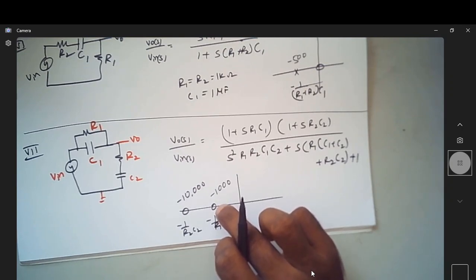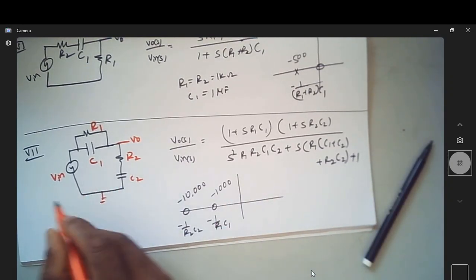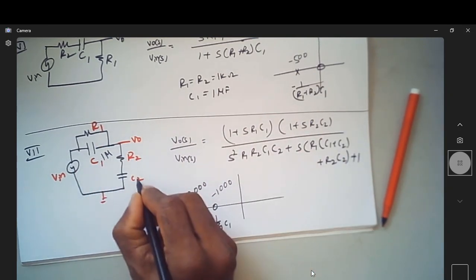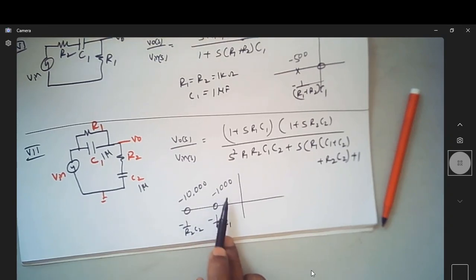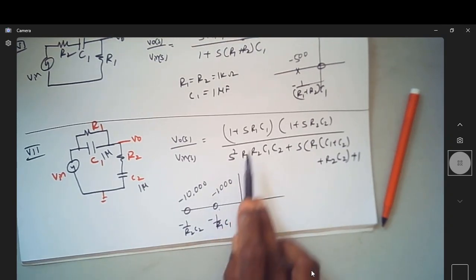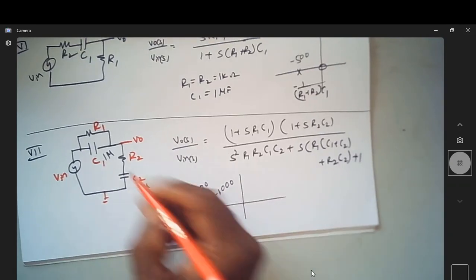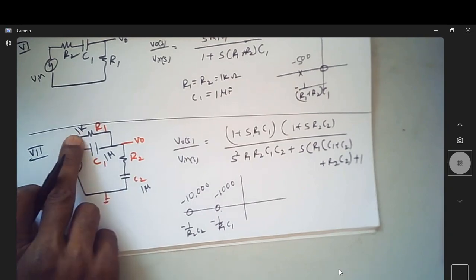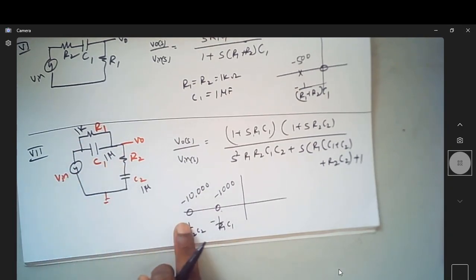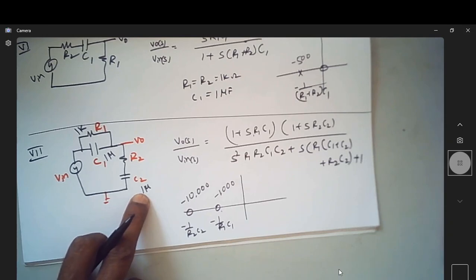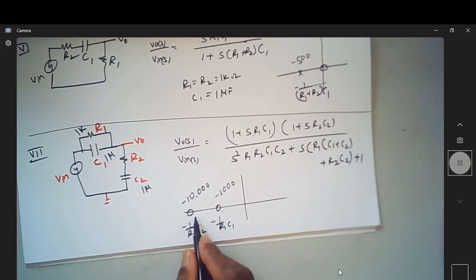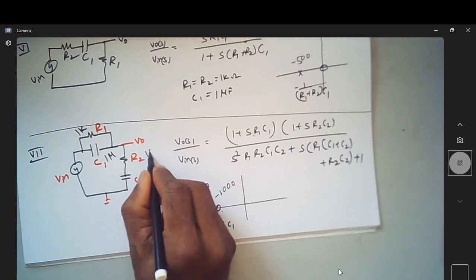To keep this at minus 1000 with C1 as 1 micro, R1 should be 1 kilo ohm. To have the second zero at minus 10,000 with C2 as 1 microfarad, R2 has to be 100 ohm.